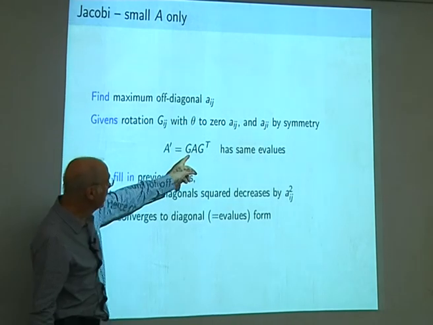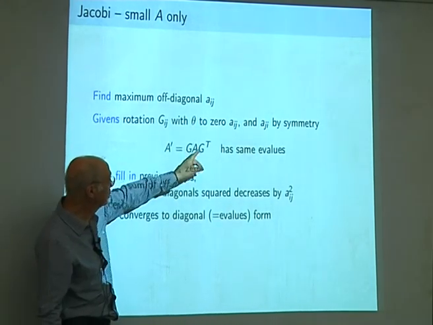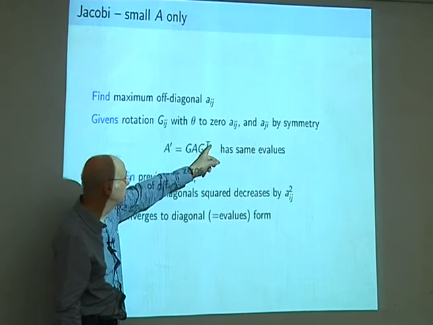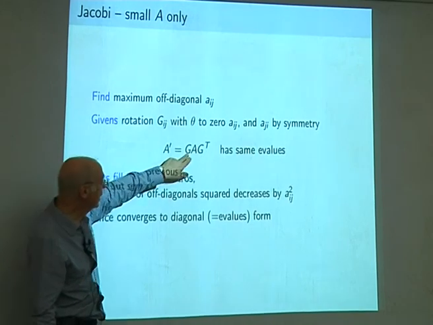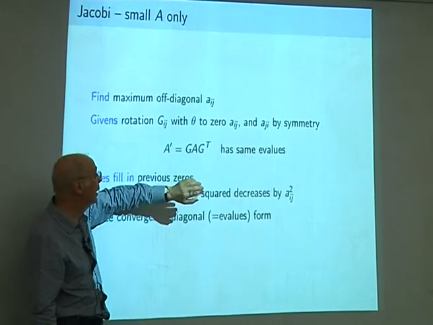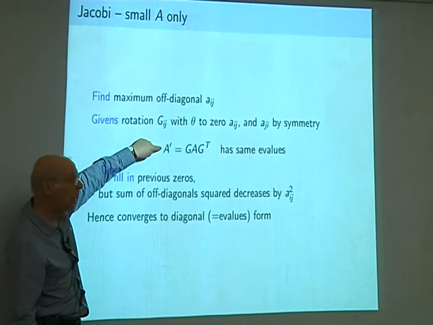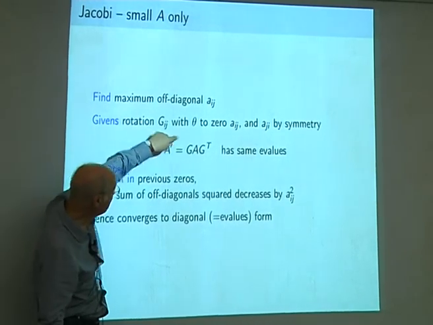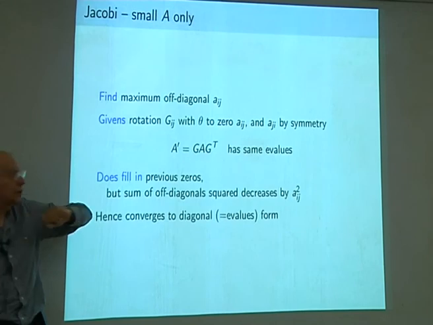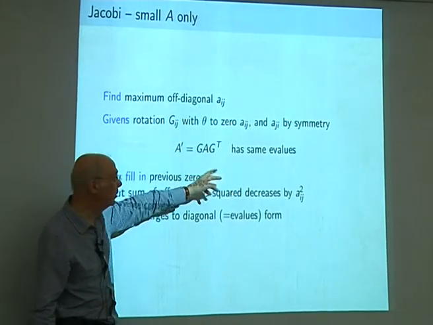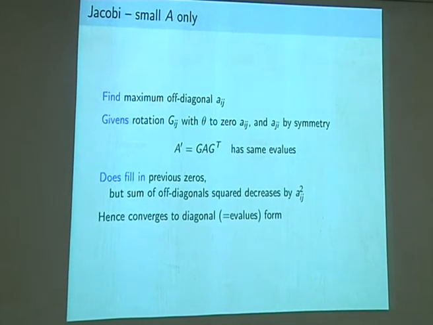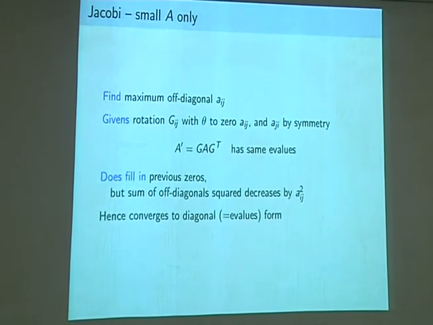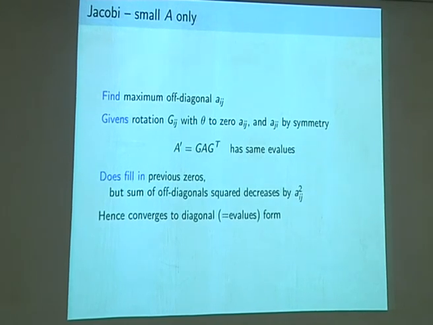The important thing is that if you apply the Givens rotation and its transpose post A, this is still a symmetric matrix, and it has the same eigenvalues as the original, because the determinant of the rotations is 1. Eventually this converges to a diagonal matrix, and the diagonals are the eigenvalues.